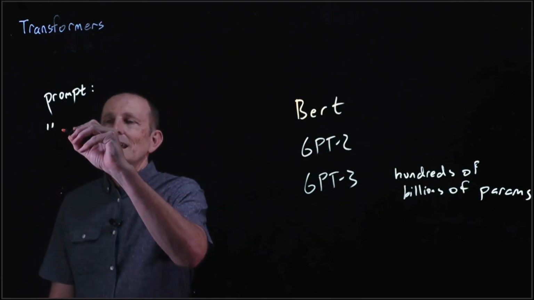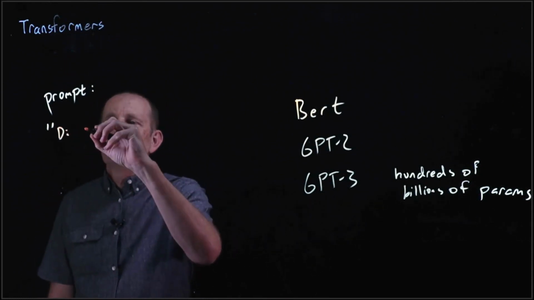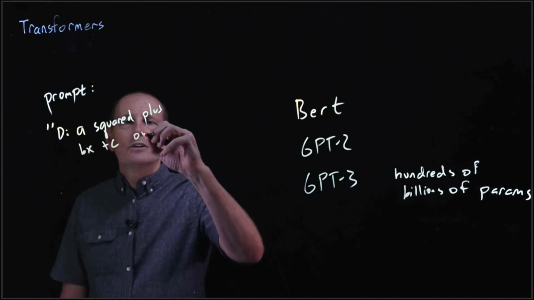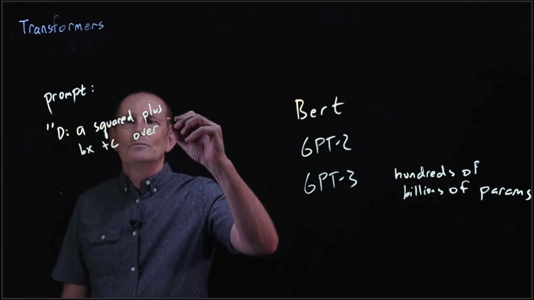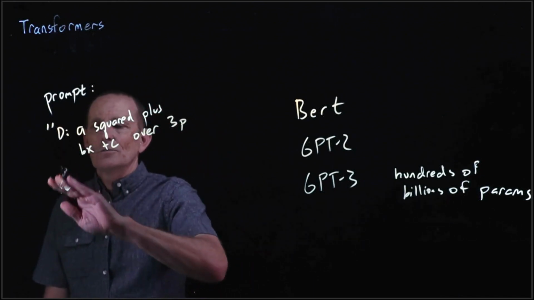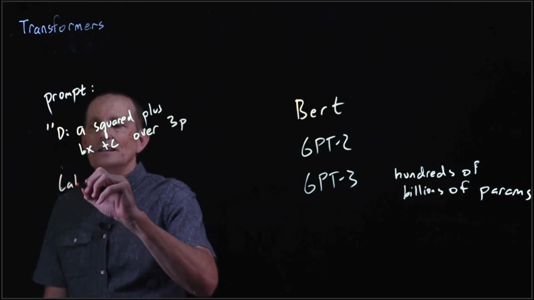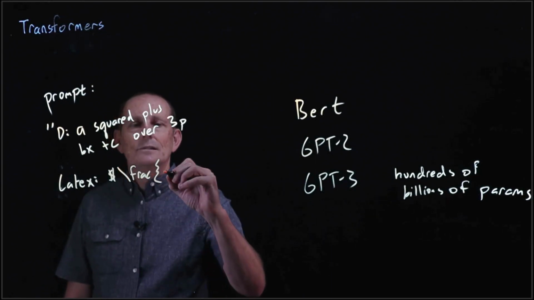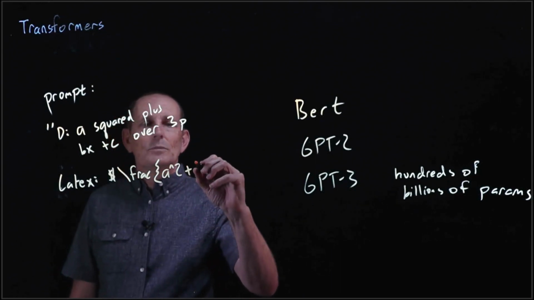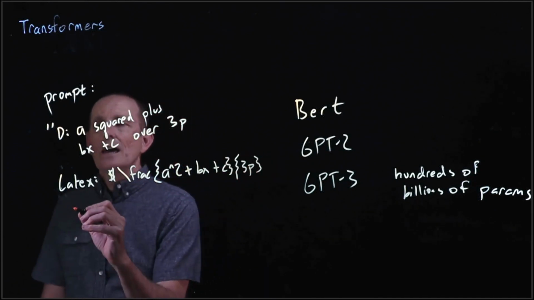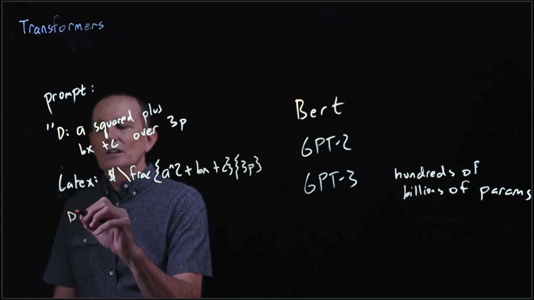So you might say, for instance, a description, and then we have a description of, a squared plus bx plus c over 3p. And then the answer, or let's say the LaTeX is frac a squared plus bx plus c 3p. And then you could say description again.